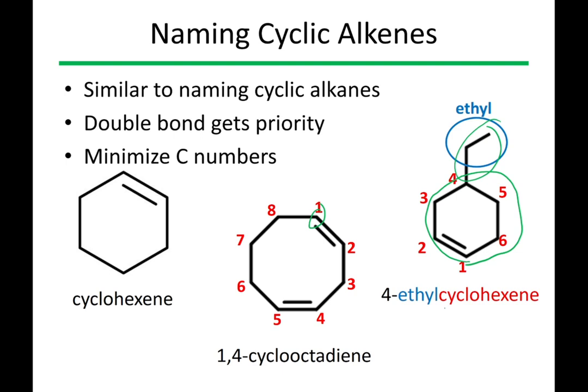Note in this case we don't actually have to number the position of the ene. Telling it that it is 4-ethyl tells us where this ethyl group is relative to the only double bond we have, so we don't need to number them. If we had multiple double bonds in the ring, we would have to do like the cyclooctadiene to position both of the double bonds and then also the functional group.